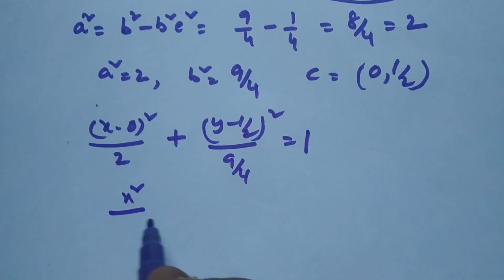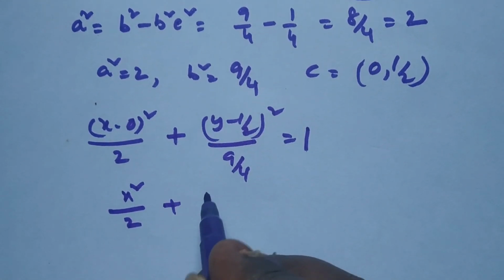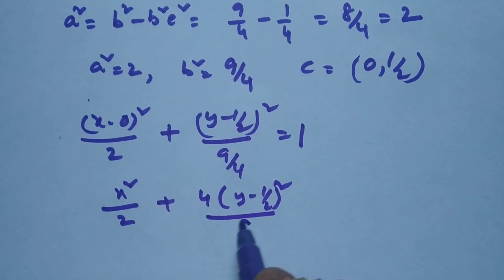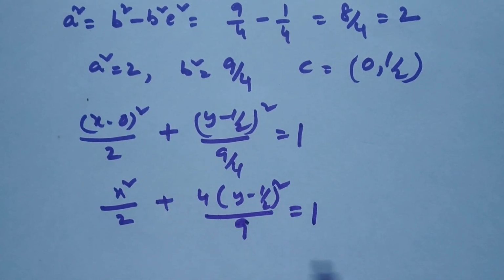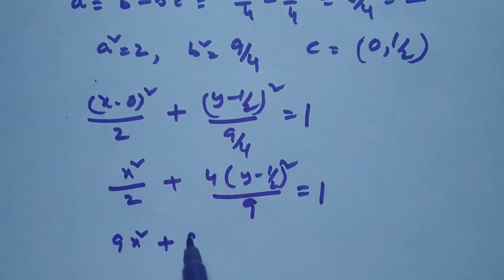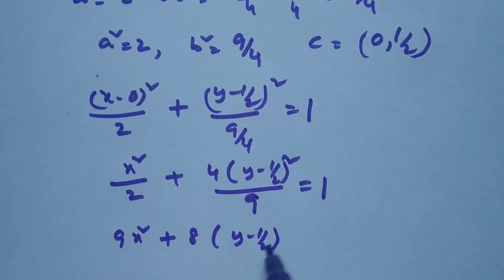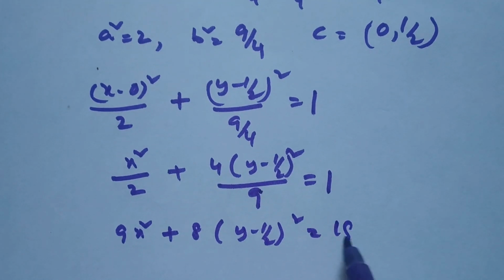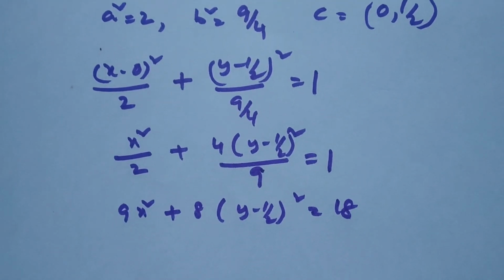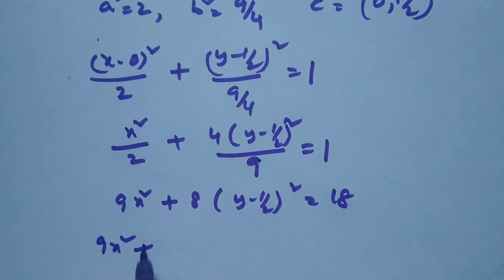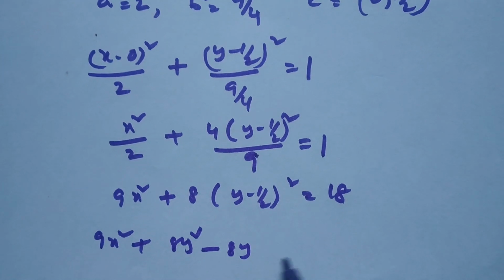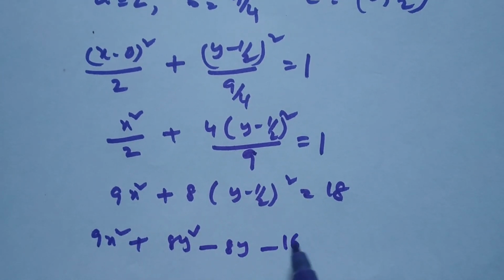On simplifying, x square by 2 plus 4 times (y minus 1 by 2) whole square by 9 is equal to 1. So 9x square plus 8 into (y minus 1 by 2) whole square is equal to 18. On simplifying, we get 9x square plus 8y square minus 8y minus 16 equal to 0.